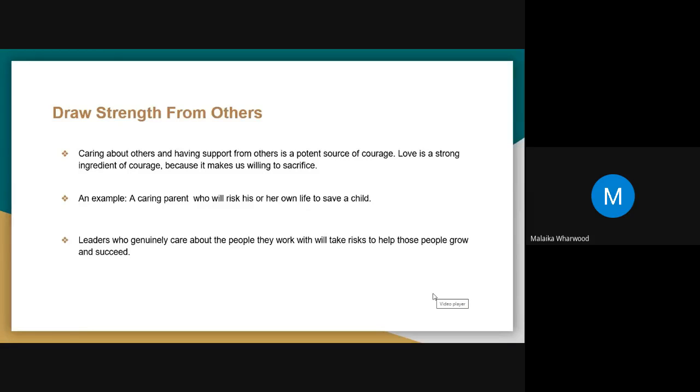Draw strength from others. Caring about others and having support from others is a potent source of courage. Love is a strong ingredient of courage because it makes us willing to sacrifice. When you love someone, or you love your neighbor, you love your colleague, right?